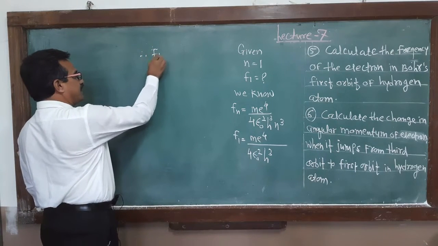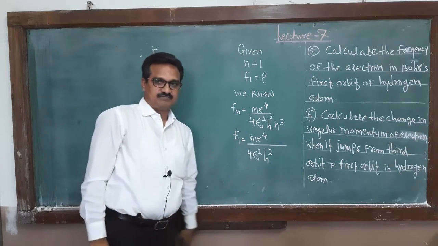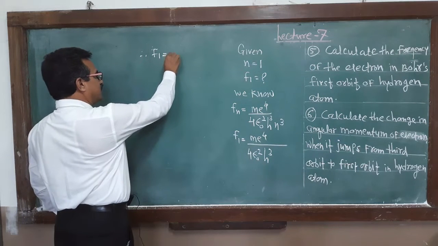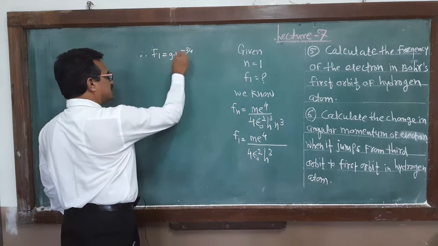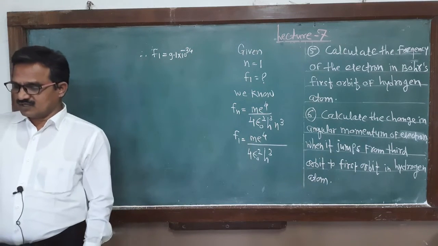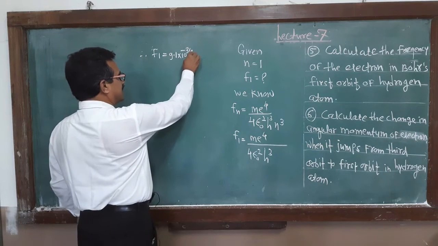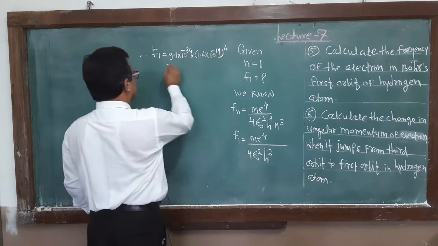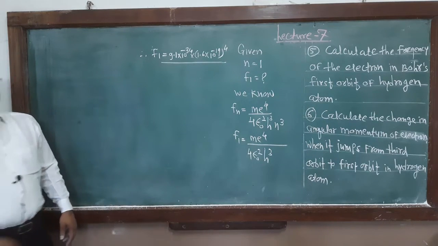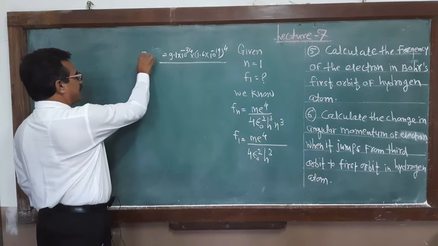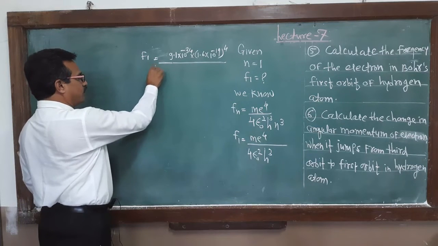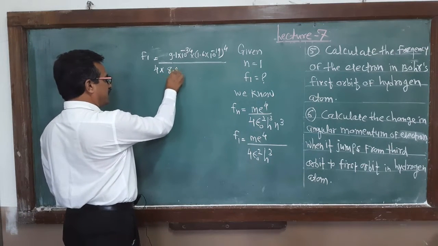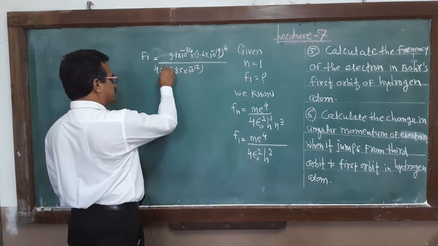Therefore, F1 is equal to, what is m? Mass of the electron is given, no need to remember, and that value is 9.1 multiplied by 10 raised to minus 31 kg. Then the charge of the electron is 1.6 multiplied by 10 raised to minus 19 coulomb, its power is 4, divided by 4 multiplied by epsilon 0, permittivity of free space, whose value is 8.85 multiplied by 10 raised to minus 12, its square.